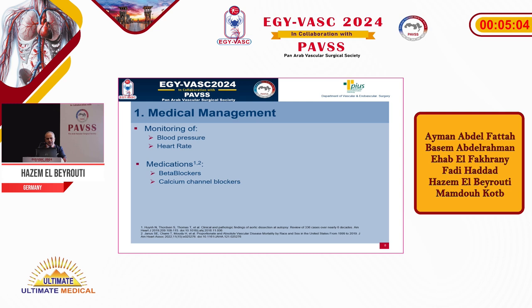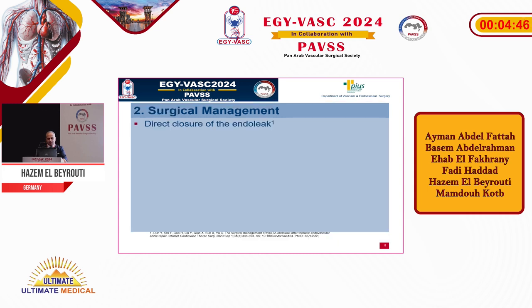Conservative treatment involves monitoring of the patient's blood pressure and heart rate, and giving medications such as beta blockers and calcium channel blockers, which may be effective in reducing blood pressure and risk of rupture.